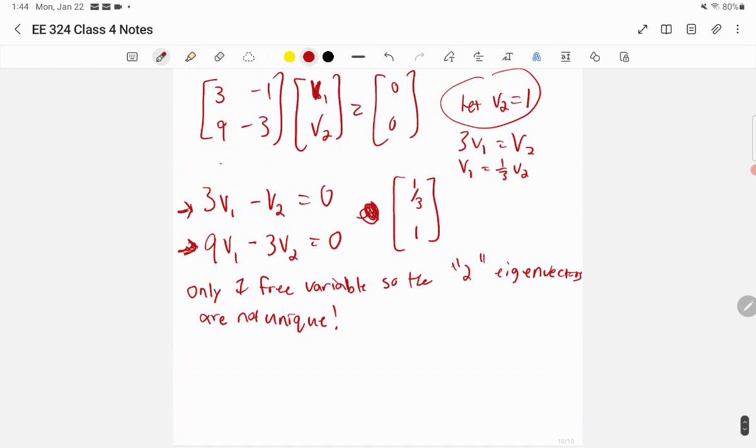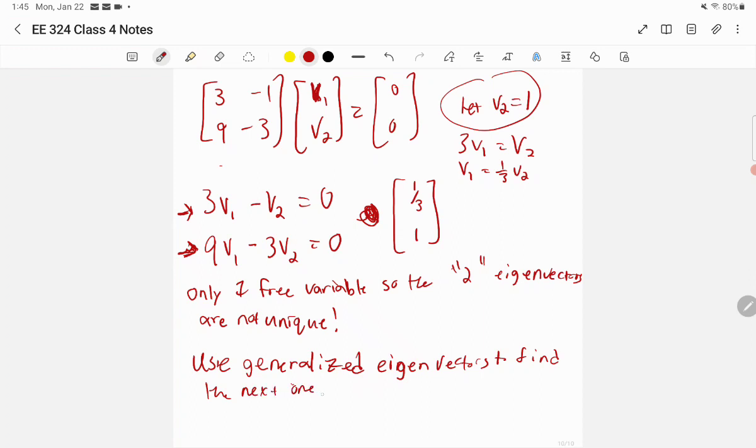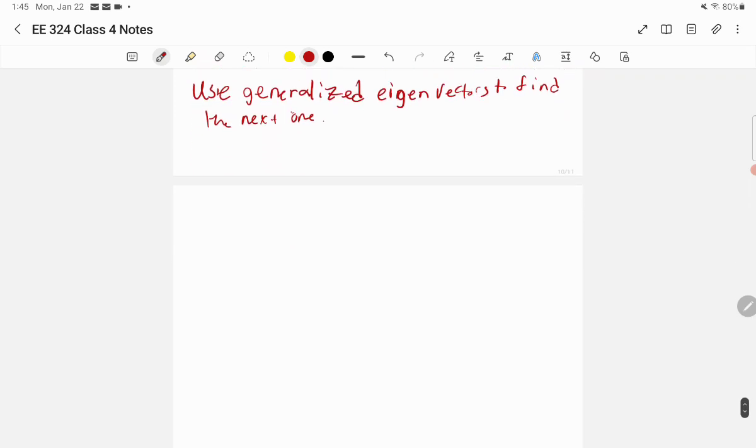Now how we can find the next vector is there's a method called the generalized eigenvectors. So we know we need another eigenvector, and we're going to have to go find it using generalized eigenvectors.